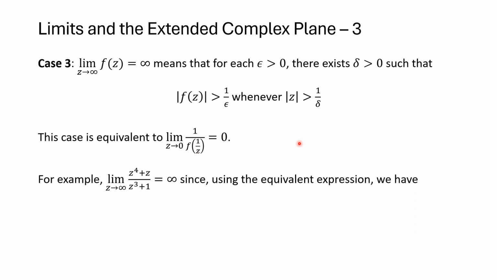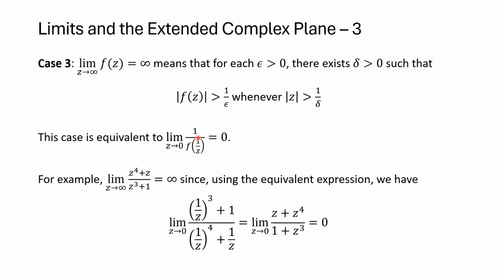So we have an example. The limit as z approaches infinity of z to the 4th plus z over z cubed plus 1 equals infinity. And then using the equivalence, first of all, we invert it, and then we put in 1 over z for z. And you see here we have 1 over z cubed plus 1.